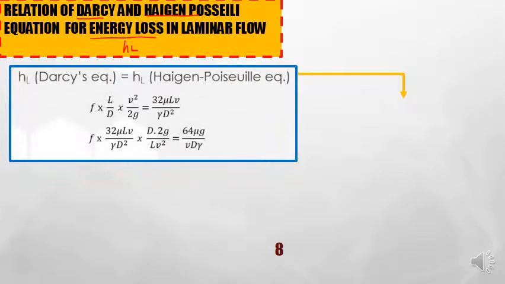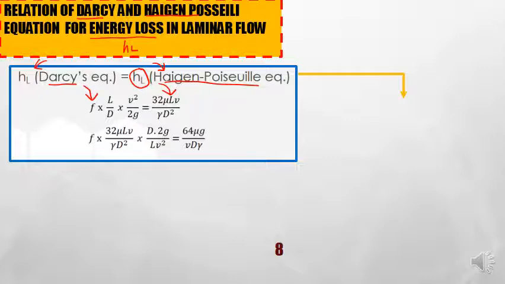If you look here, on the left side we have Darcy's equation and on the right side we have the Hagen-Poiseuille equation. With both equations, we want to get the HL. This is HL from Hagen-Poiseuille and this is HL from Darcy's equation.